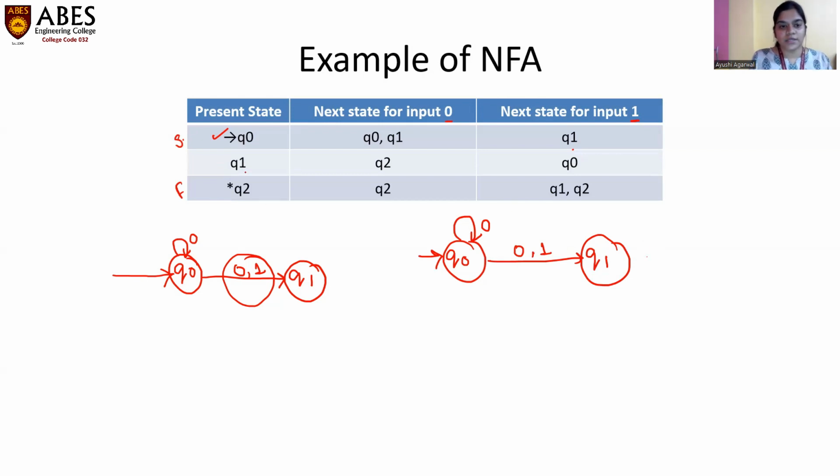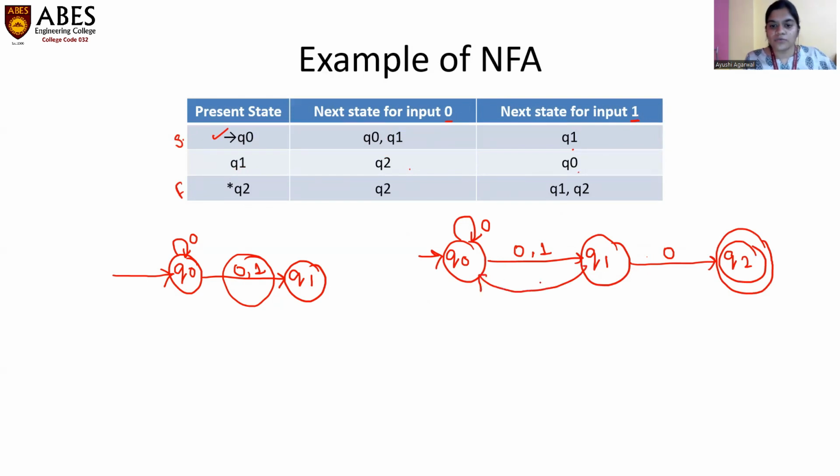Now come to the second row with state Q1. With state Q1, reading 0, moving to state Q2. Since the state Q2 is our final state, we will have a double circle around it to identify that this is our final state. From state Q1, by reading input 1, it is moving to state Q0.